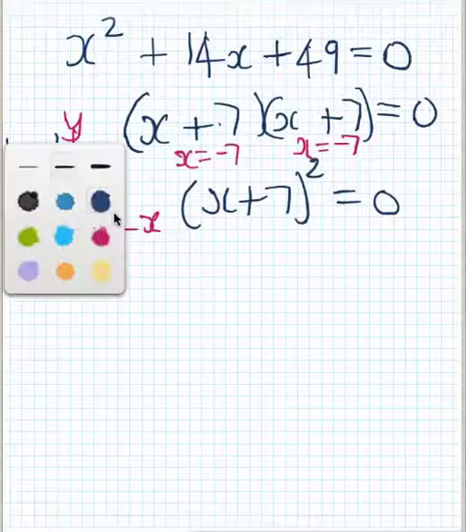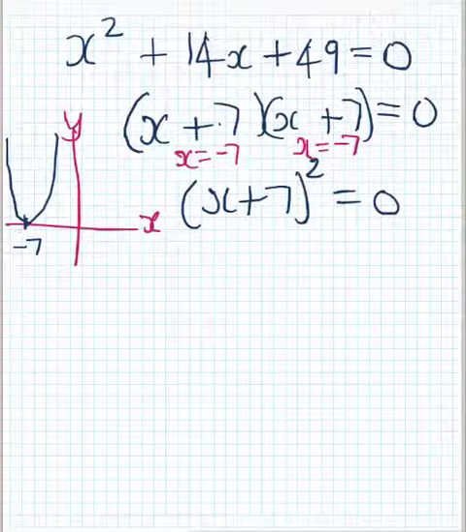Okay, so it's intercepting at the x-intercept, just touching it and going back up where it's negative 7. That's why it's telling us we have the same thing twice, because it just touches the same point. So now if we wanted to know if we have a parabola that does this, we can use the discriminant.